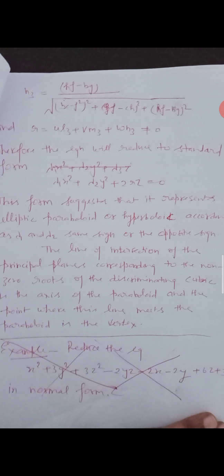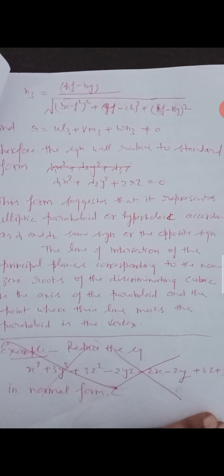N3 is equal to HF minus BG upon root of BC minus F square to the whole of square plus FG minus CH to the whole of square plus HF minus BG to the whole of square, and R is equal to UL3 plus VM3 plus WN3, which is not 0.